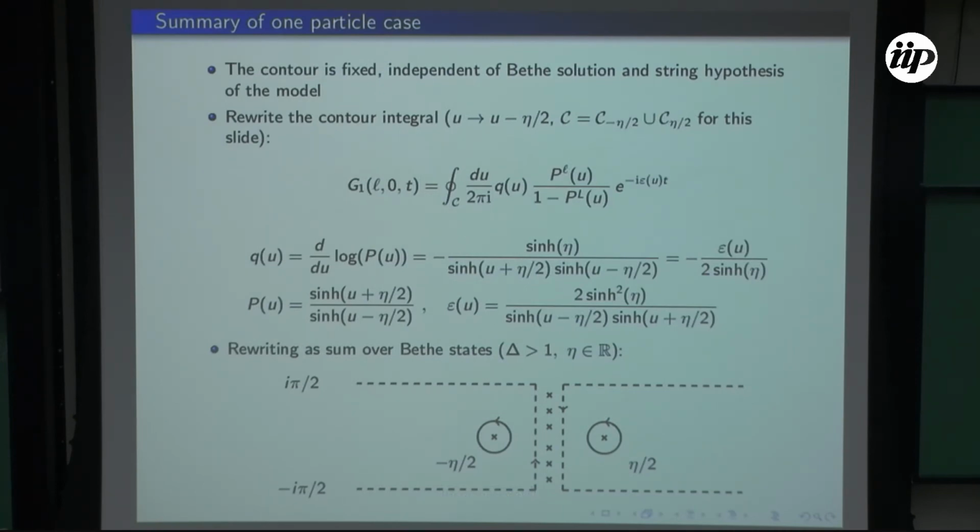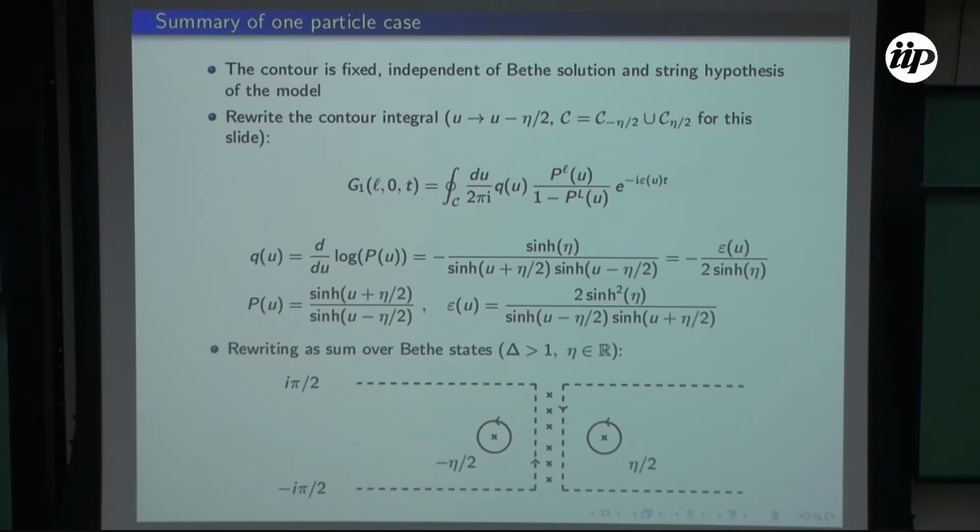Okay, I just rewrote it like this. So if you take all those factors, then you recognize this form, and then you reconstruct this for one particle, and then of course here for one particle you have one contour integral.